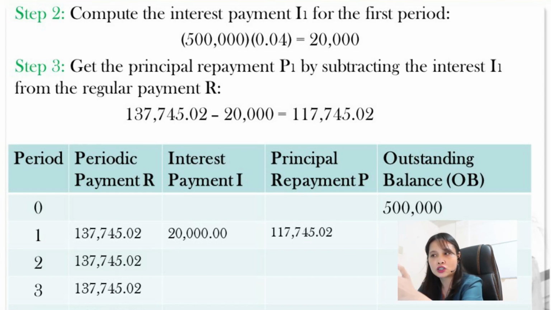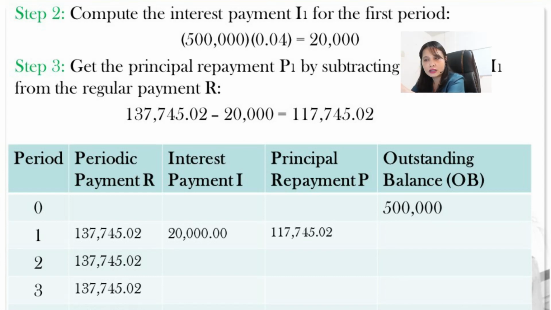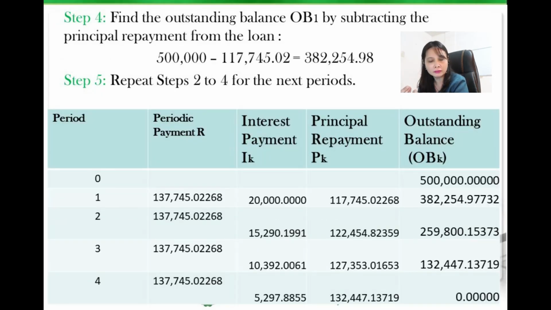So to compute the interest payment, outstanding balance multiplied by your periodic rate, which is 0.04, you do have 20,000. Now, to solve for the principal repayment, subtract the interest payment from the periodic payment, so you do have 117,745.02.